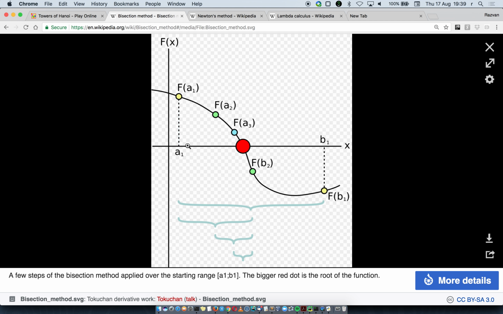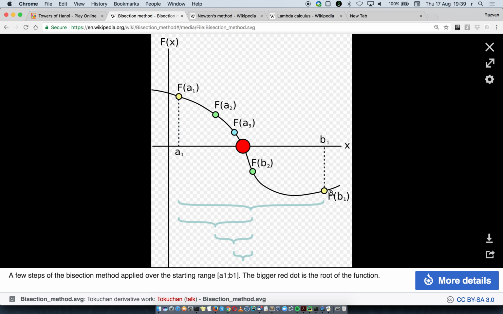In this case, at the lower limit a1, the function value is positive. At the upper limit of the interval, the function is negative. Their product is negative, they are opposite. So there is at least one root, if the function is continuous, of course, between a and b. But we're going to work with the assumption that there is exactly one root.